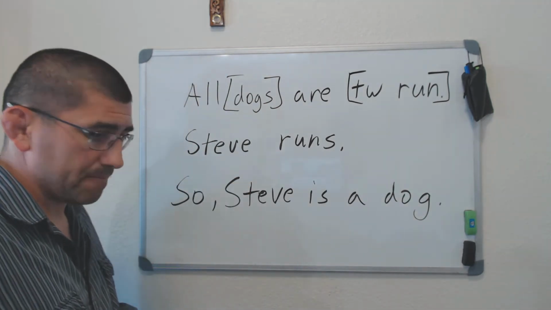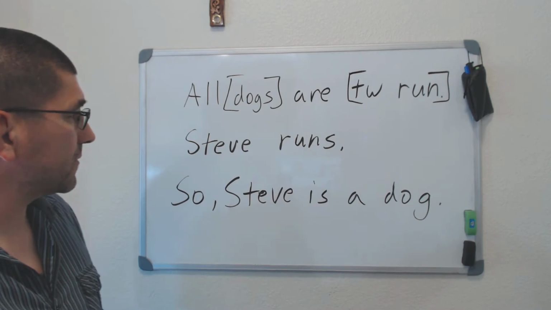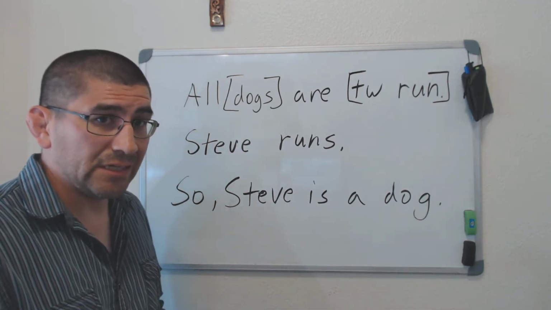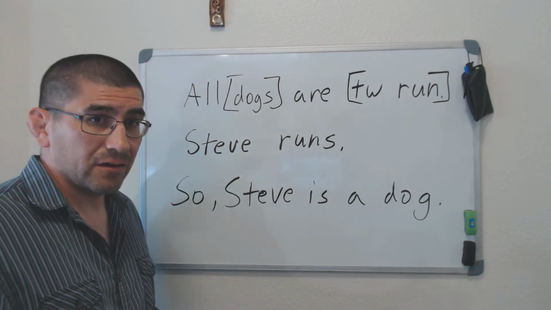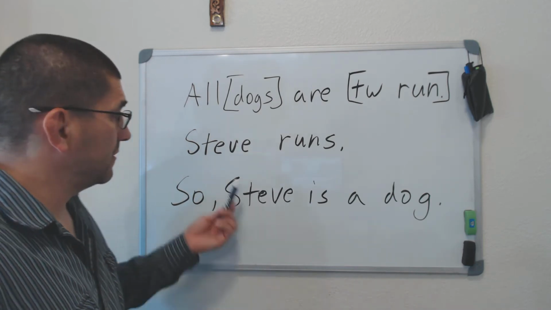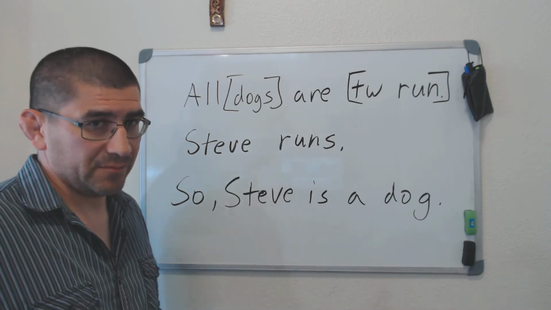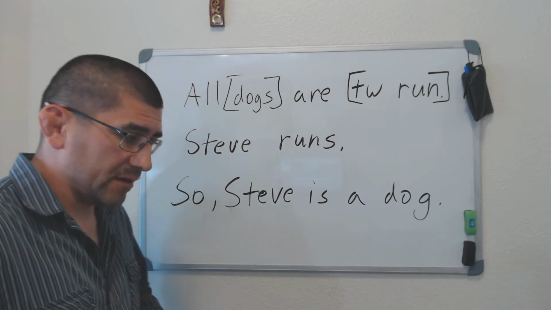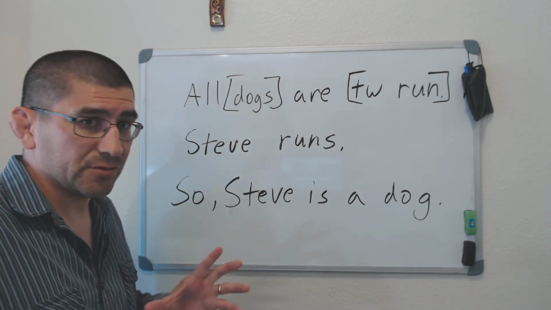Okay, now I'm going to deal with this one right here. Steve runs. So, you have to ask yourself, is this an E, I, O, A? Which one? It's an A statement. Okay, Steve runs. I said this before, but it bears repeating.